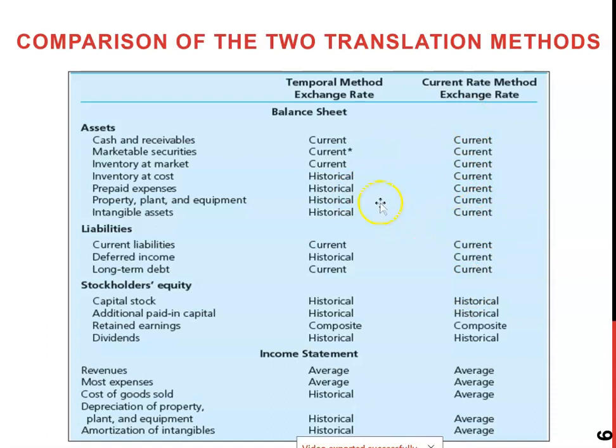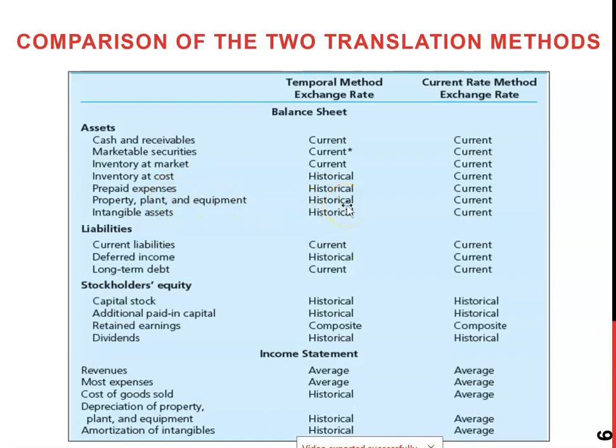Then you will see here historical rates. Historical rates means the rate from the day when you first recorded that item or recorded that transaction. For example, plant, property, equipment.